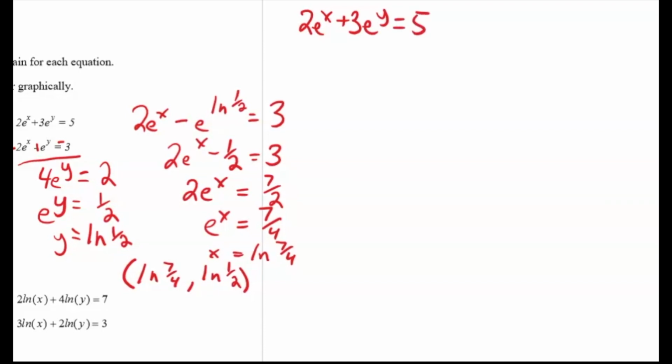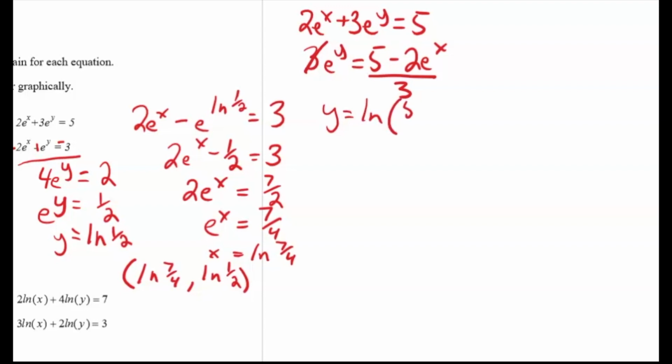So if I want to solve for y, let's move the x's over, and so this will be 3e to the y equals 5 minus 2e to the x. And then we can divide by 3. I'm just going to go ahead and shortcut this a little bit. And then again, to get rid of the e, we will ln both sides. And that will give us y on this side equals ln of all this stuff.